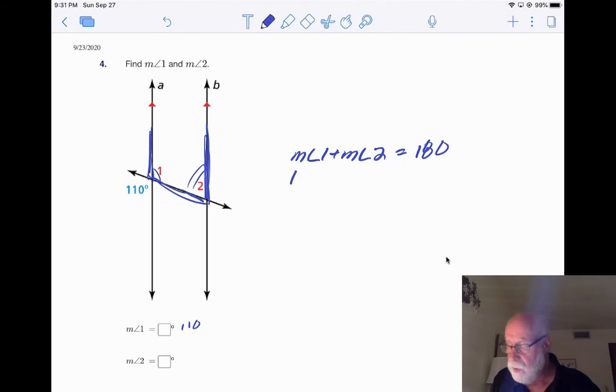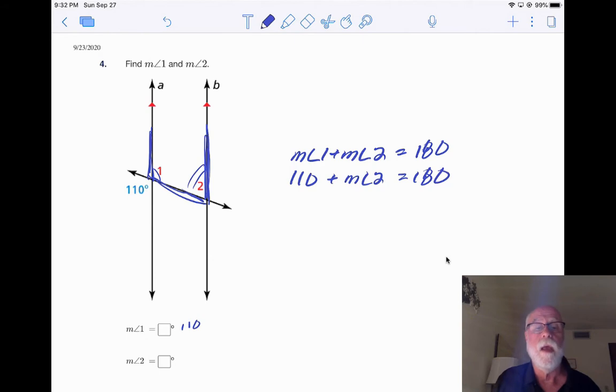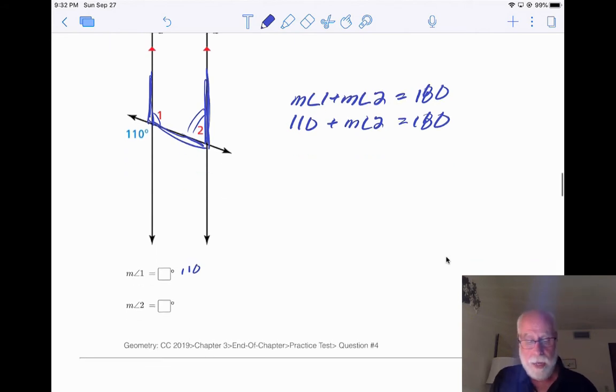We can say that 110 plus the measure of angle 2 is equal to 180. So to get angle 2 by itself, we are going to subtract 110 from 180, and that will tell us that the measure of angle 2 is equal to 70 degrees.